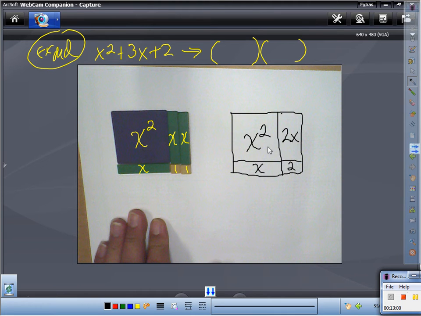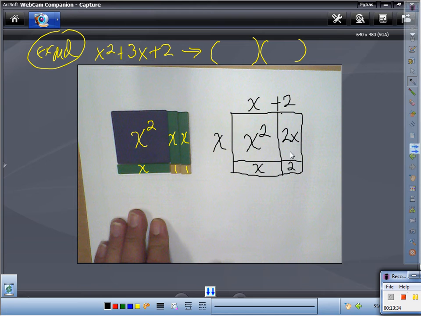Watch. This is a square, is that correct? So this side times this side gives me x squared. So what does each side measure? X times x gives me x squared. That is correct. Next, x times what gives me 2x? 2.